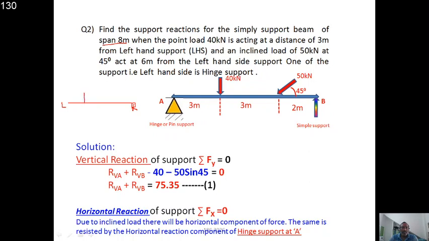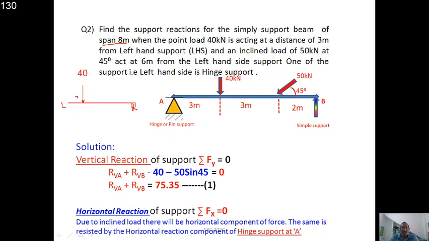So now we are having some load here, right? We are saying that a 40 kilonewton load is there. Therefore here it is 40 kilonewtons. And an inclined load of 50 kilonewton at 45 degrees acts at 6 meters from the left hand support.